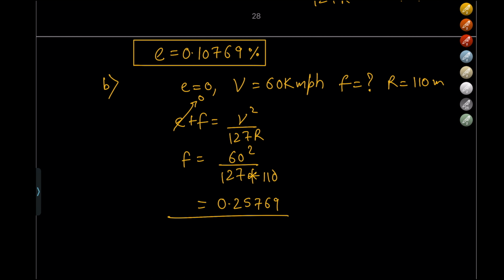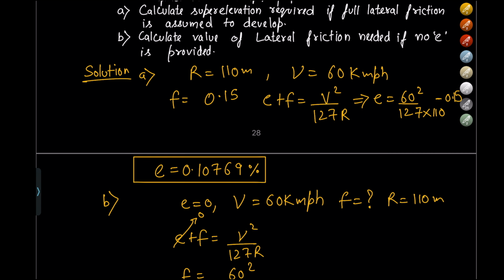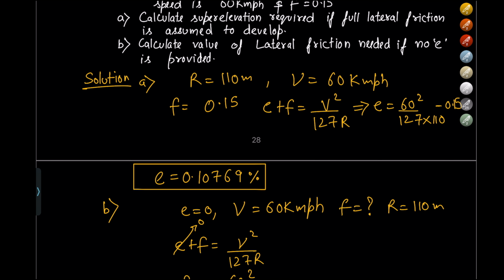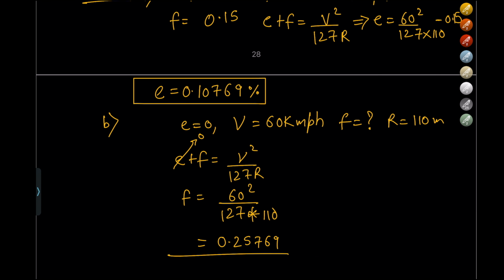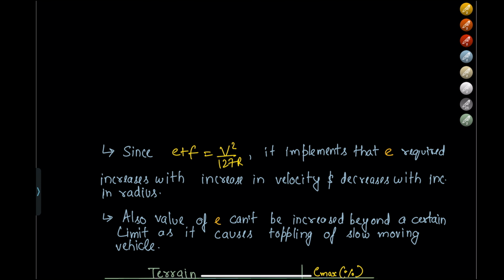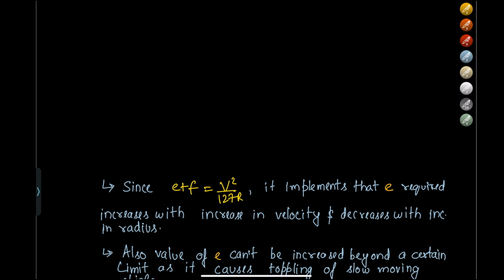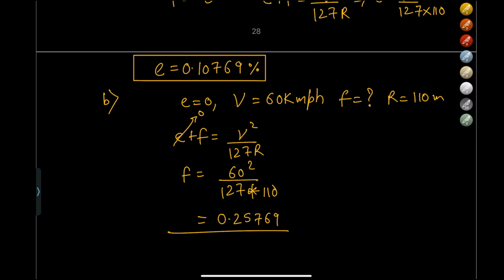Since this question only asks the value of lateral friction that is needed, we'll not discuss anything else in this question. We need to design the super elevation, but that will be in the next lecture.